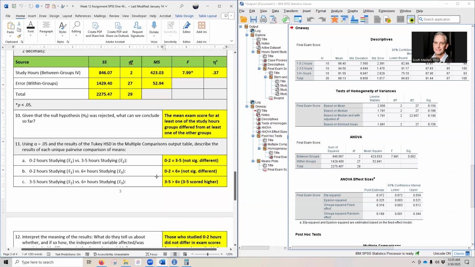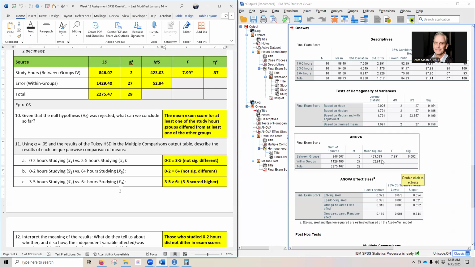The next thing is to go ahead and fill in an ANOVA summary table. So the ANOVA summary table is this table, but put into APA format. So we've got 846.07, 1429.40, 2275.47, and 2, 27, and 29 degrees of freedom.